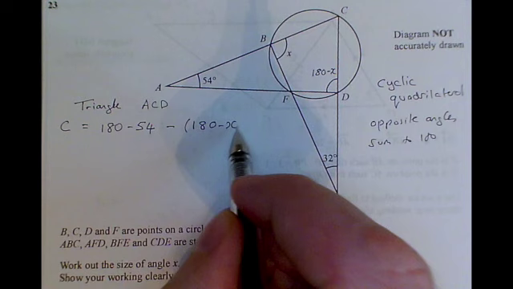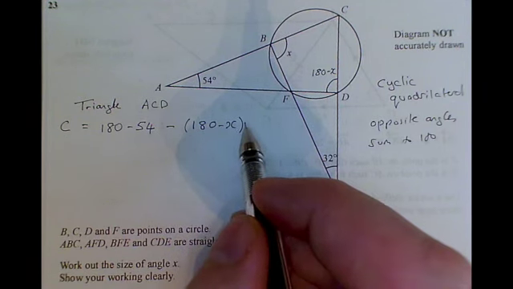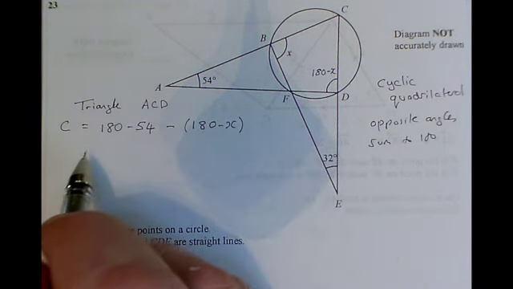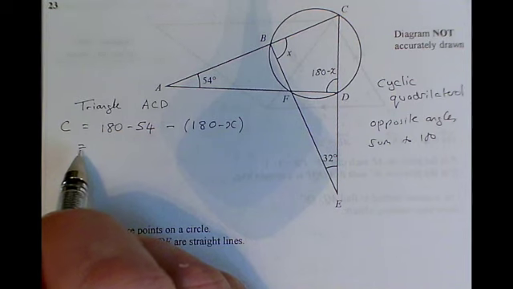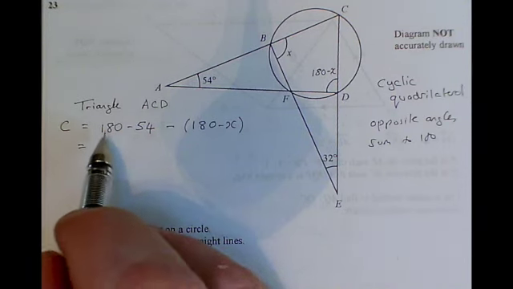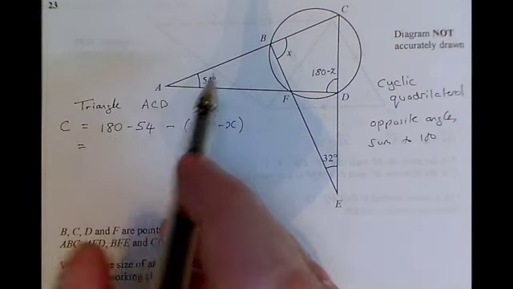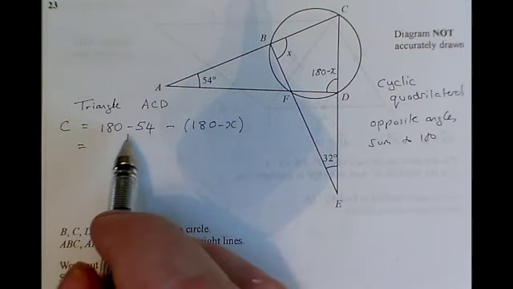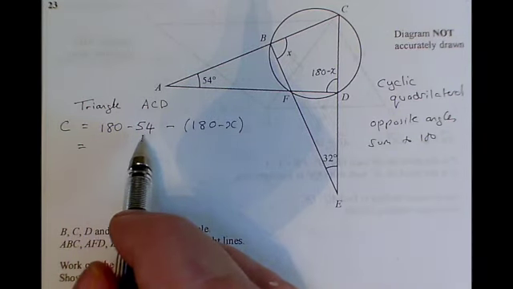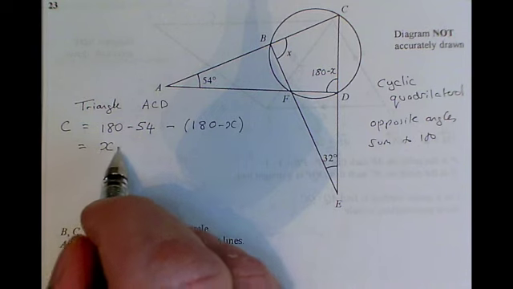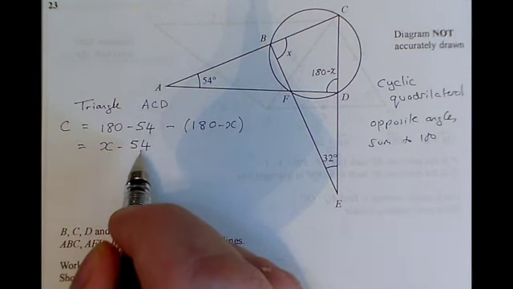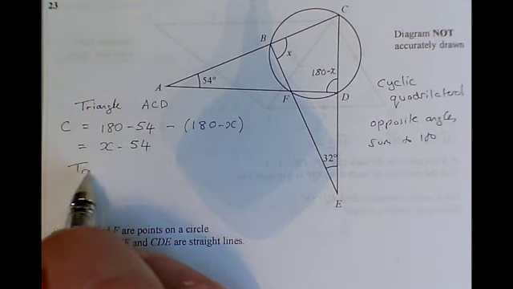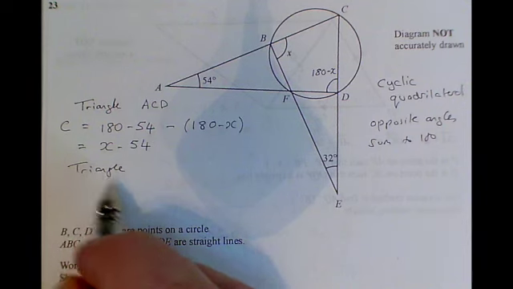I've got 180 minus 180 minus x, that becomes plus x minus 54. So I've got one way of expressing angle C, that's x minus 54.